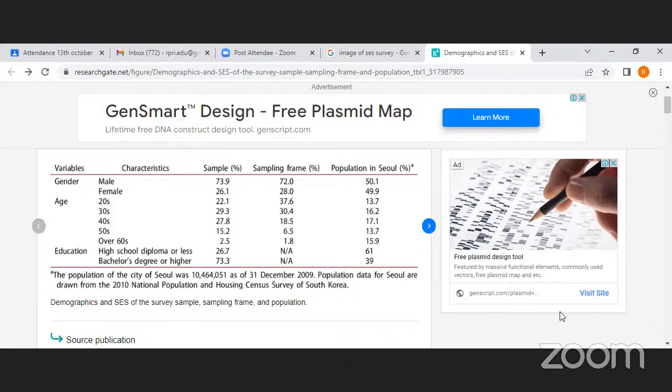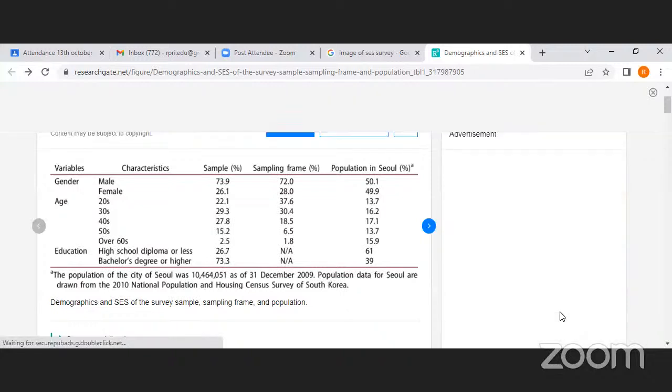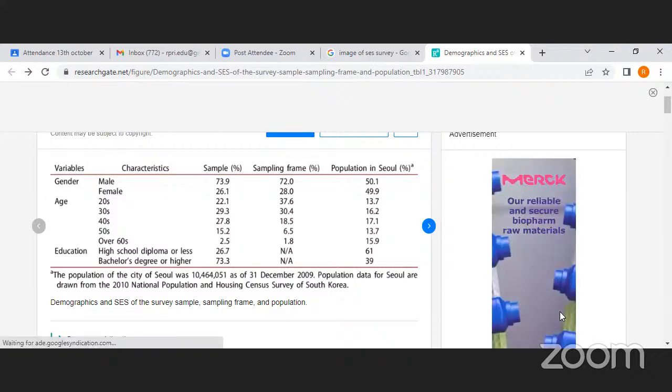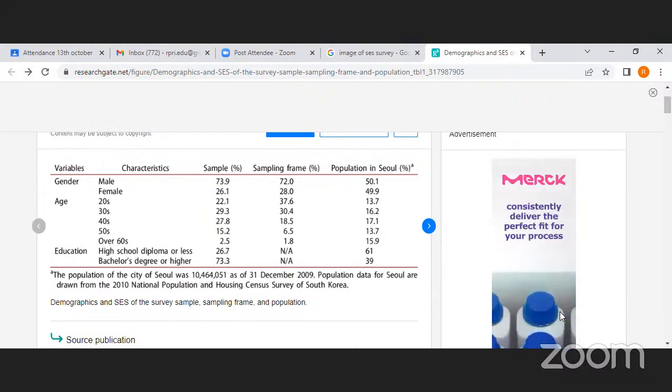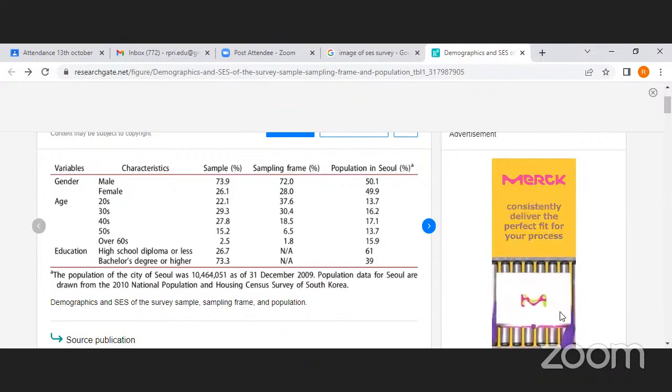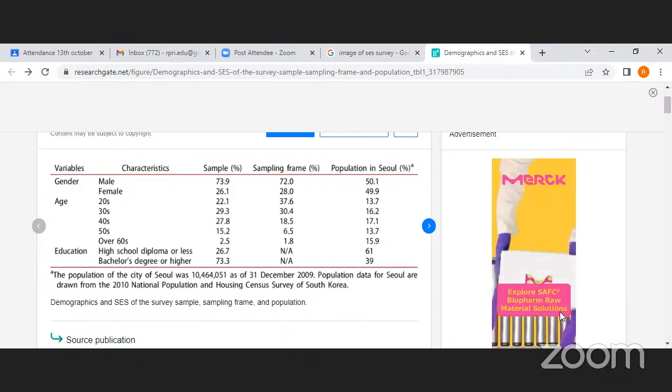Then you can manage the data by using the frequency or the percentage based analysis. Okay. Is it clear to all of you? Okay. Any question? No question.